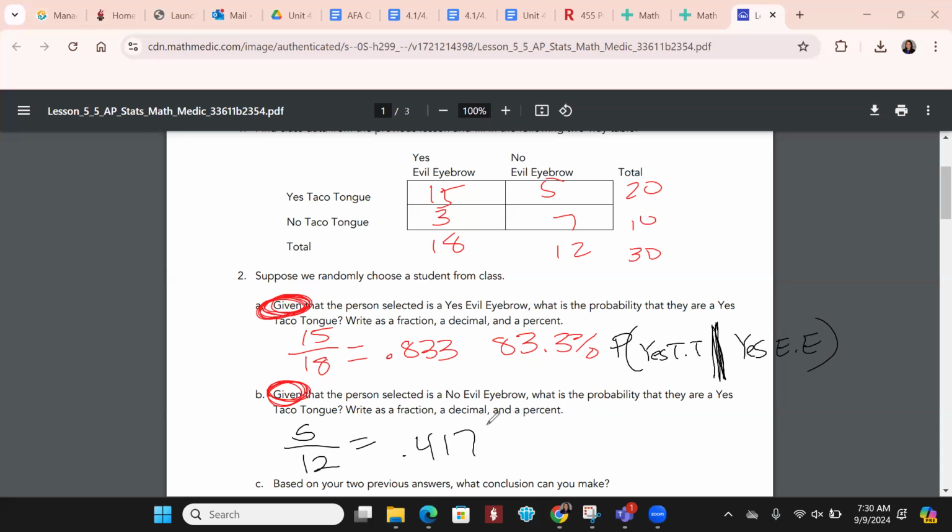The probability of yes, taco tongue given no evil eyebrow. The line means given.